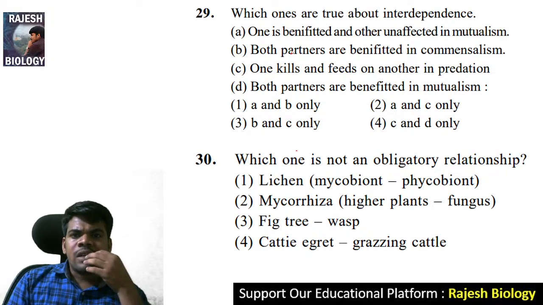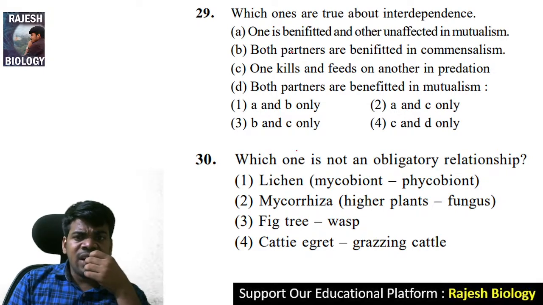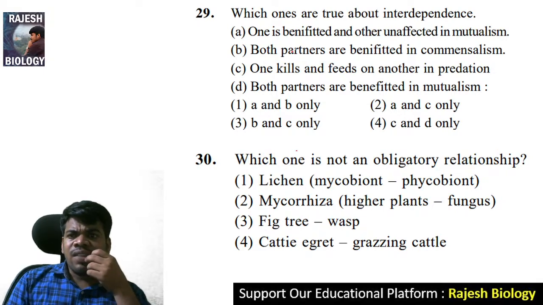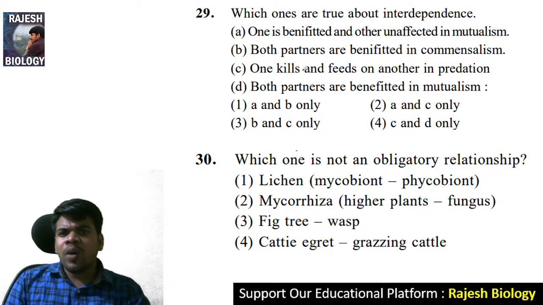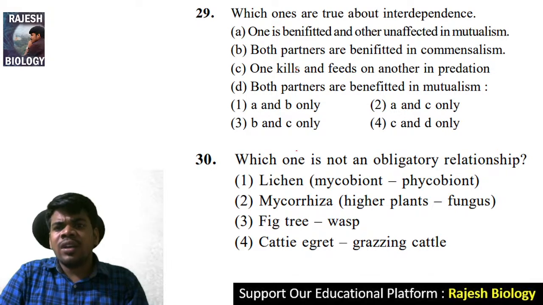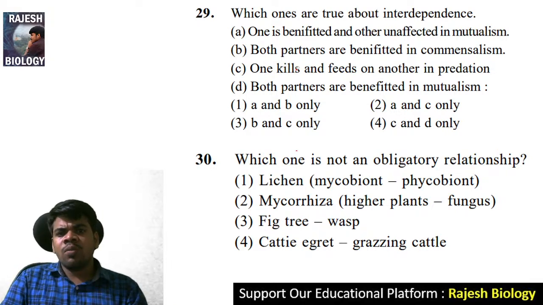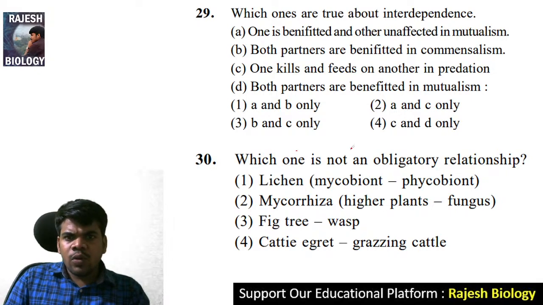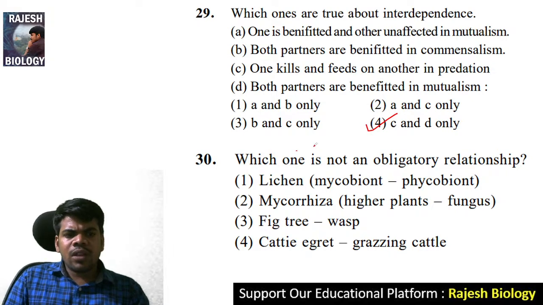True. One is benefited and the other is unaffected in mutualism. Both partners are benefited in commensalism. One kills and feeds on the other in predation. Both partners are benefited in mutualism. Yeah, 29th, option 4, Chandrika, very good. Come to the 30th question.